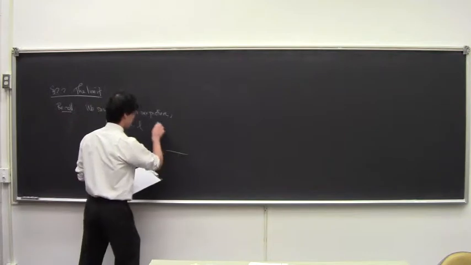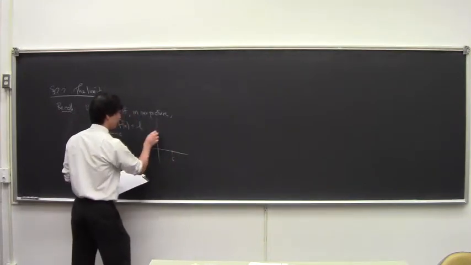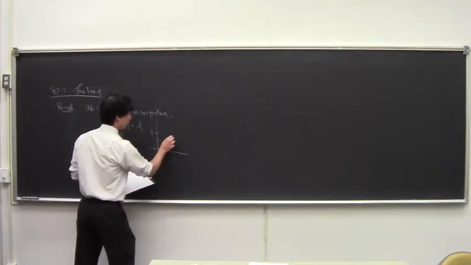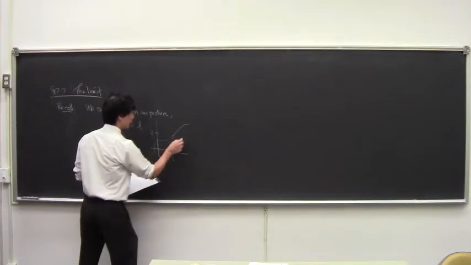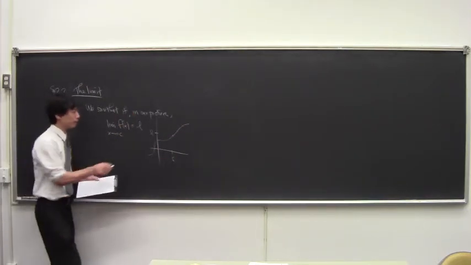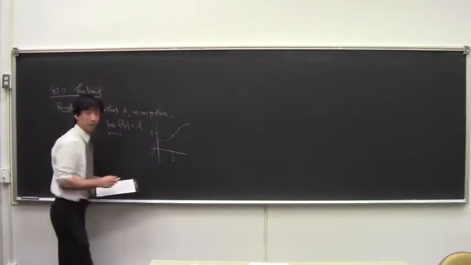You had some picture, here is C, here is L, and your function is approaching that value as your inputs get close to C.